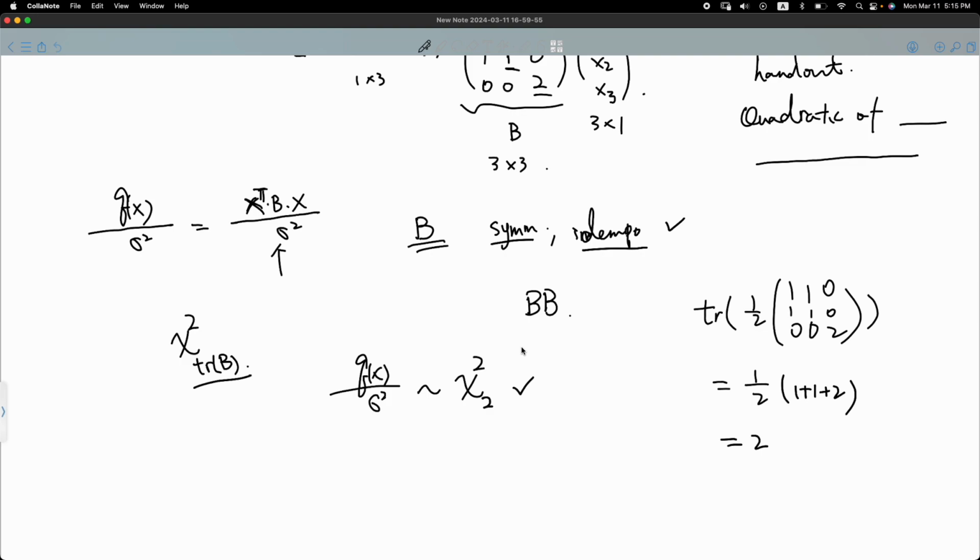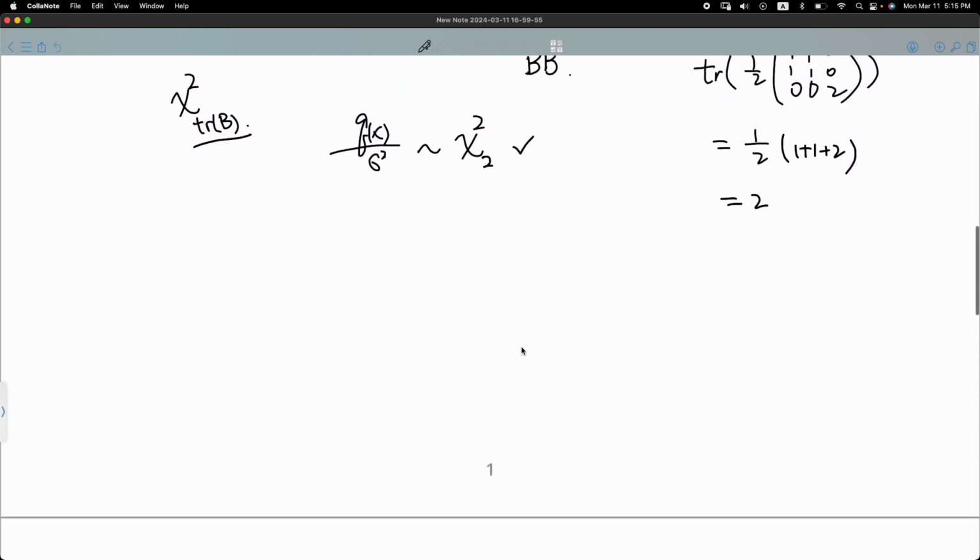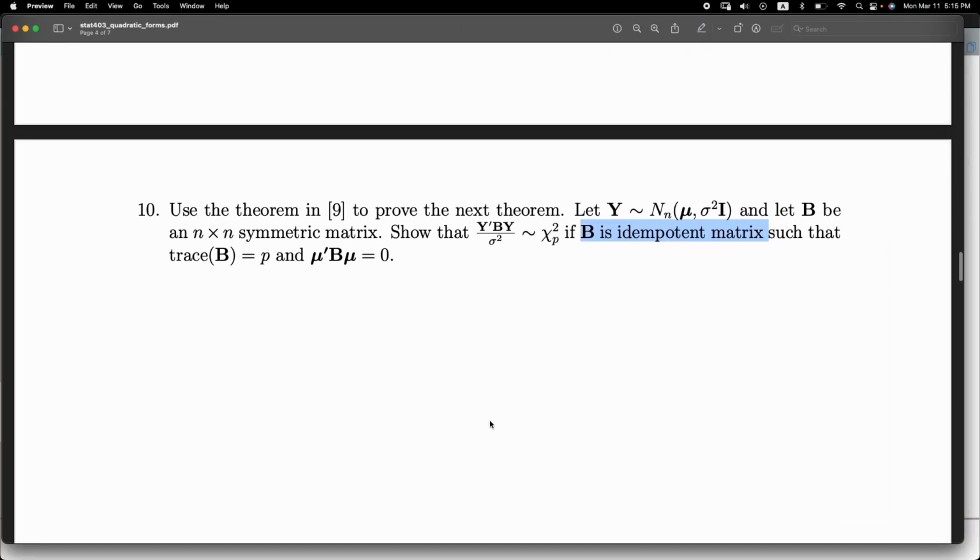Do we also need to show the other condition? I think there's another one. What is the other condition? I think it was like mu transpose B. Yes, in our case, the mean vector is actually just a 0. So mu transpose B multiplied by mu is equal to 0.